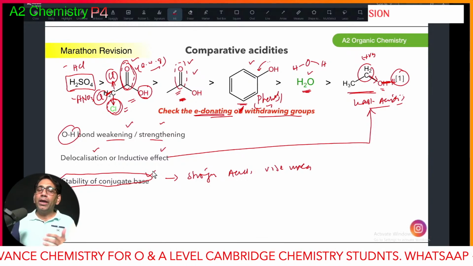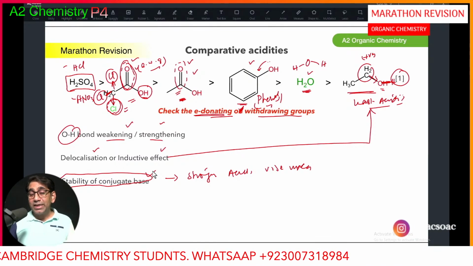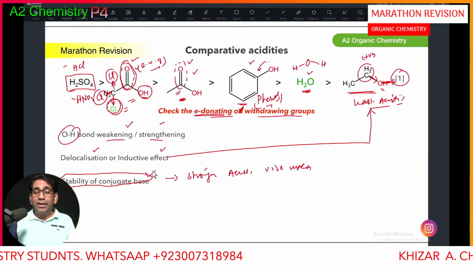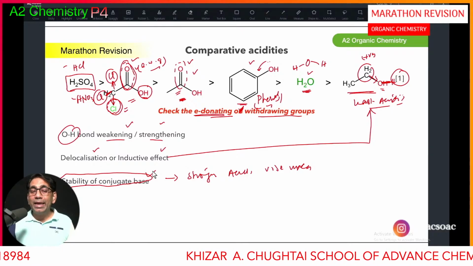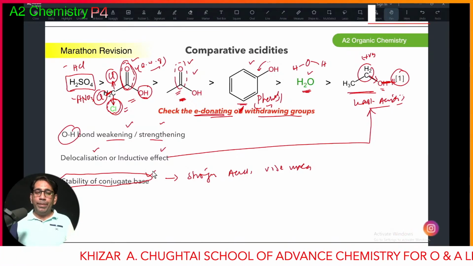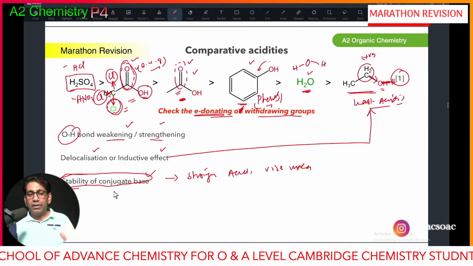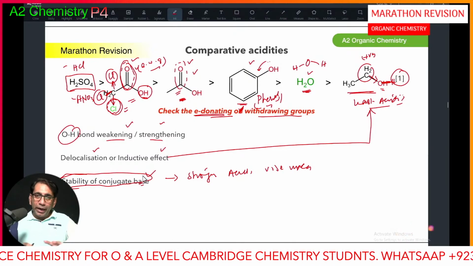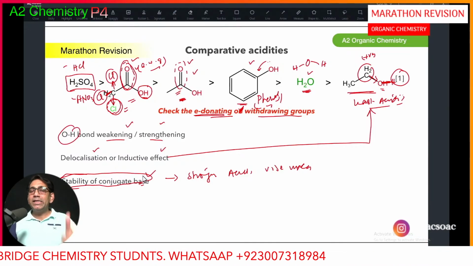It will not capture the H positive ion again. If an acid is weaker, then its conjugate base will be less stable. There is a stability of the base, the conjugate base. If the conjugate base is stabilized, then it means the acid is stronger.